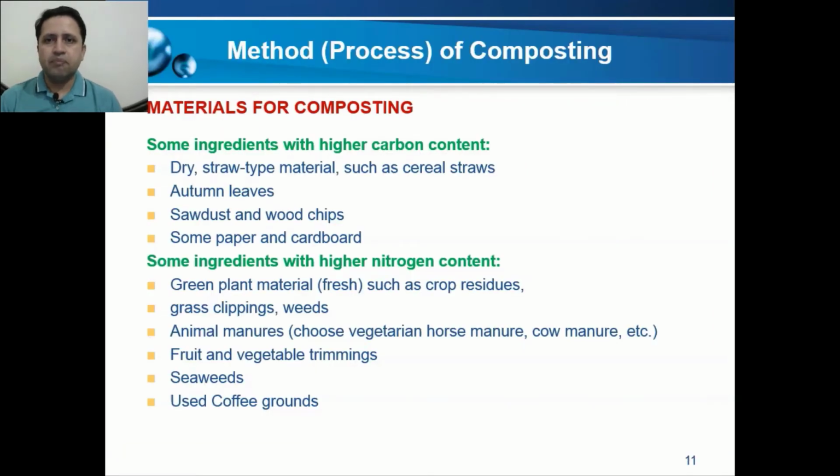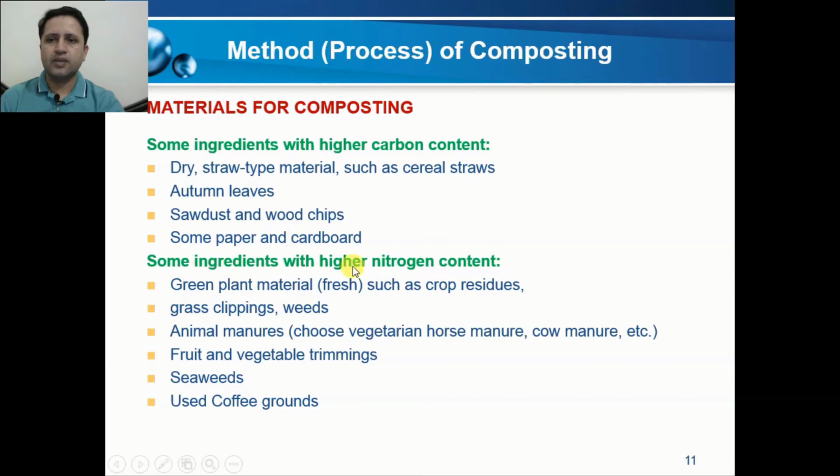Here is the method or process of composting, how we can perform the composting process and make the compost product. Different materials can be used for composting, like ingredients with higher carbon content, such as dry straw type materials like cereal straw, autumn leaves, sawdust, and wood chips. Some paper and cardboard can also be used as high carbon ingredients.